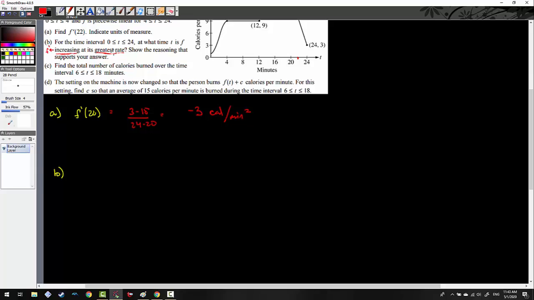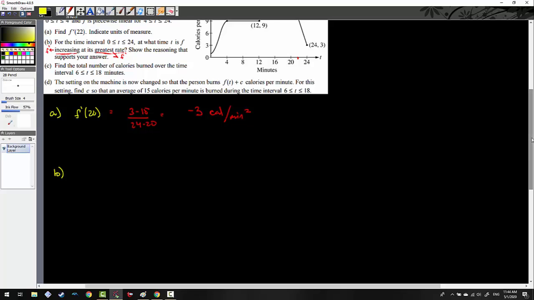But when I see the word greatest, I also think about f prime. So if I'm going to take the first derivative to find out where f is increasing, and I want to find out increasing greatest, then I want to take the first derivative of my first derivative. In other words, I'm going to be taking the second derivative of this graph at some point in B.